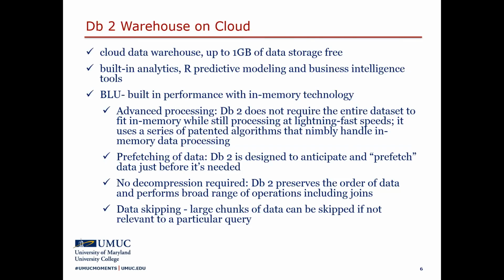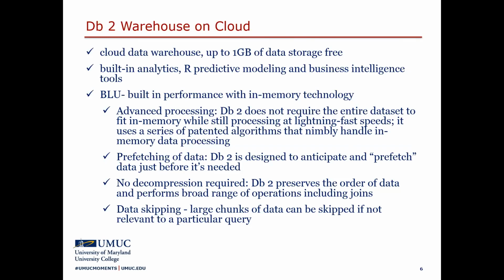Regarding the IBM technology behind the DB2 warehouse on cloud, you can read about it if you have some computer science interest. I have summarized in this slide the most important key points, which tell you why this advanced technology actually works cost effectively. They are things like prefetching of data. Not all the data is in memory all the time.